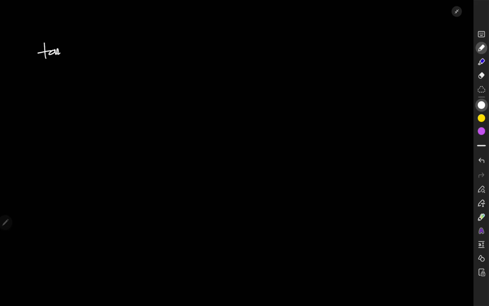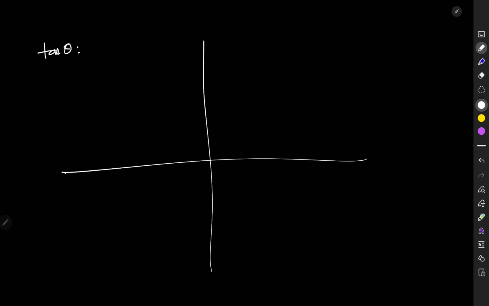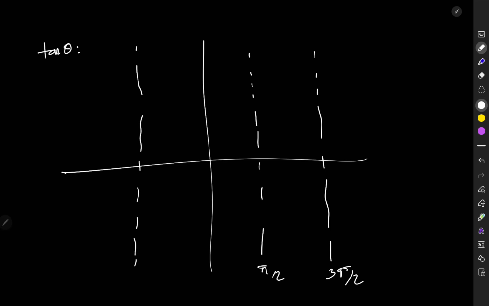Now let's see the tan graph. So tan graph is pretty different. This will be pi by 2, this will be 3 pi by 2, and this will be minus pi by 2. So tan graph will be something like this.